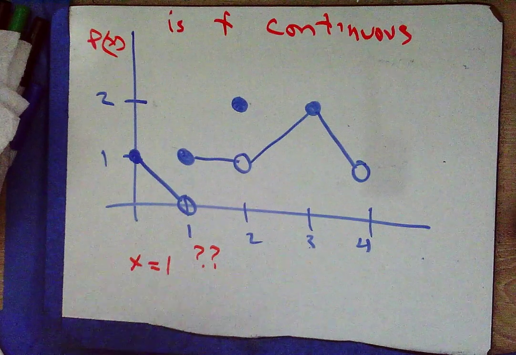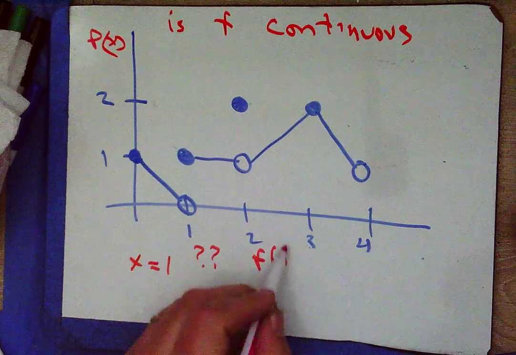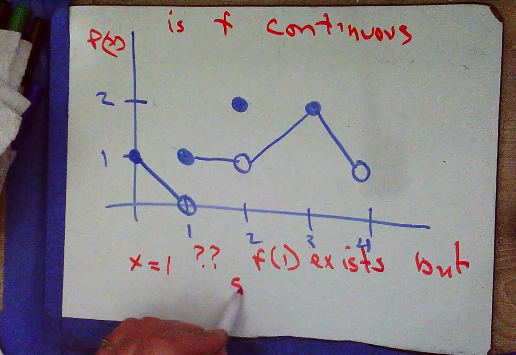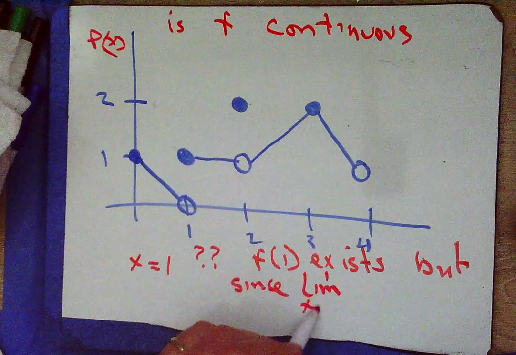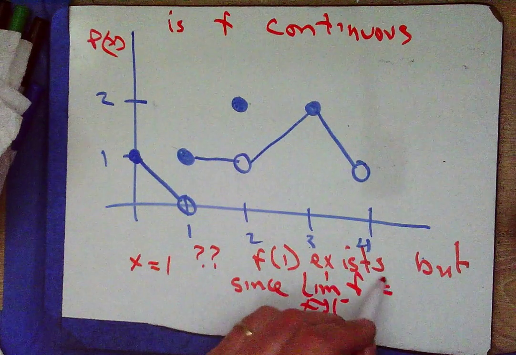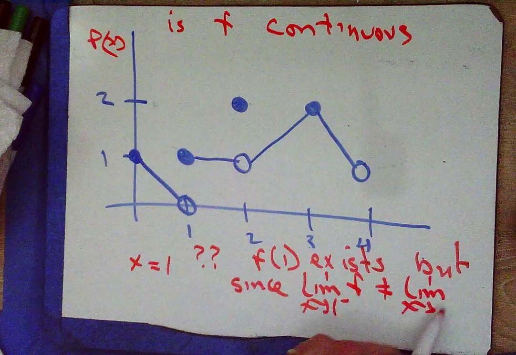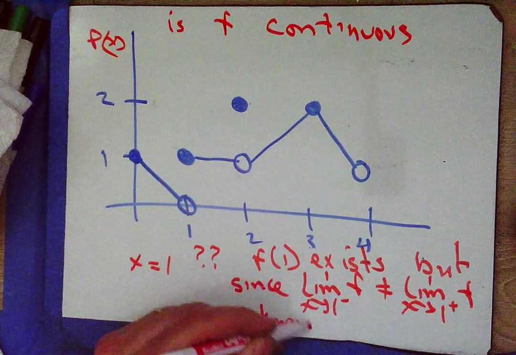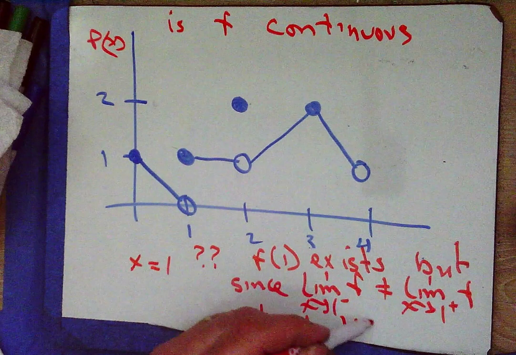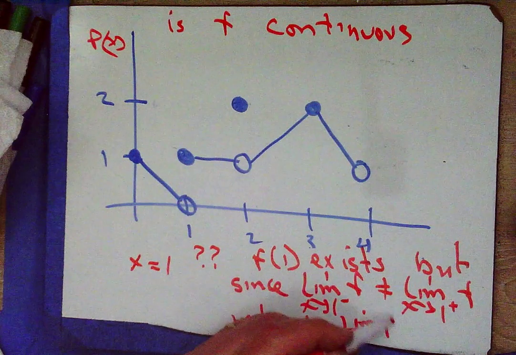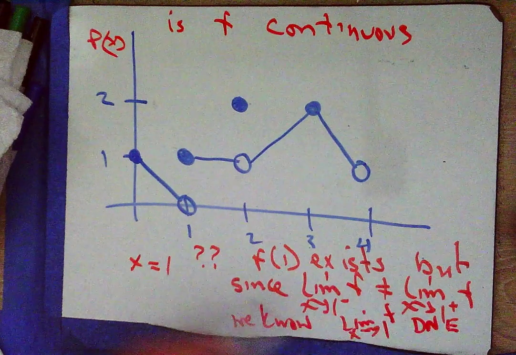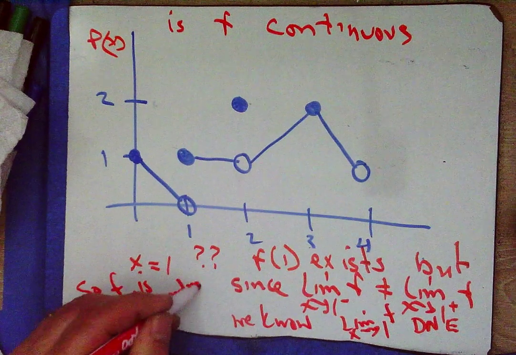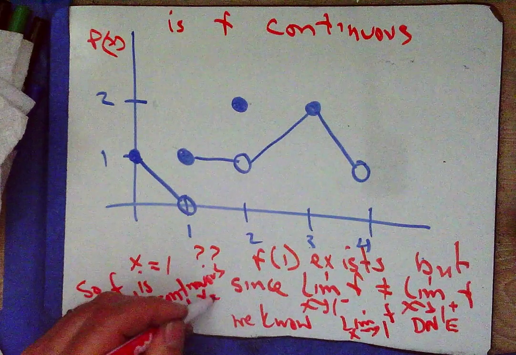Okay, welcome back. Well, I know that f of 1 exists, but since the limit as x approaches 1 from the negative side does not equal the limit as x approaches 1 from the positive side, we know that the limit as x approaches 1 does not exist, so f is not continuous at x equals 1.